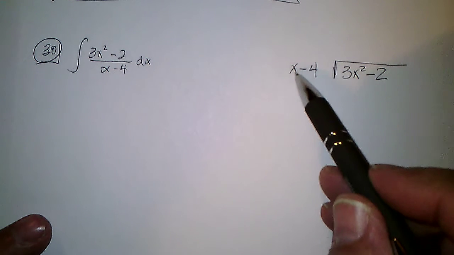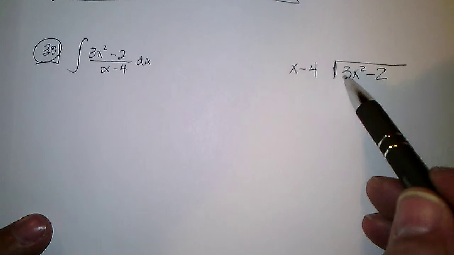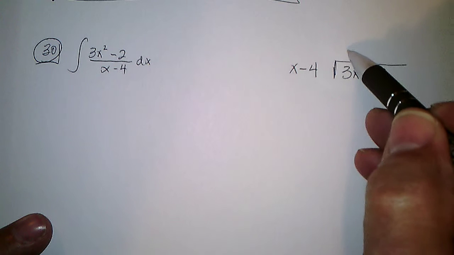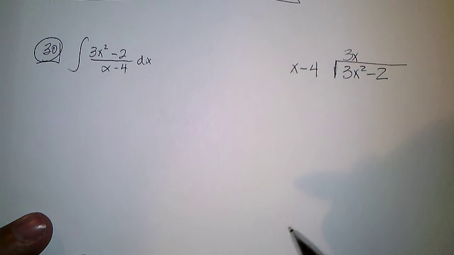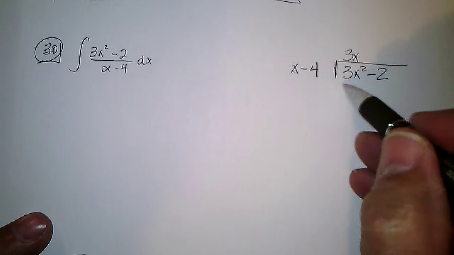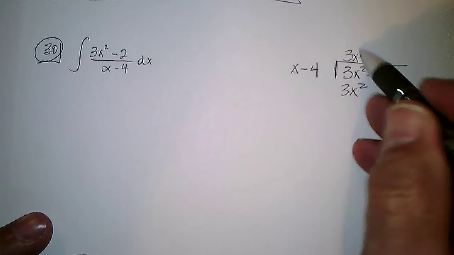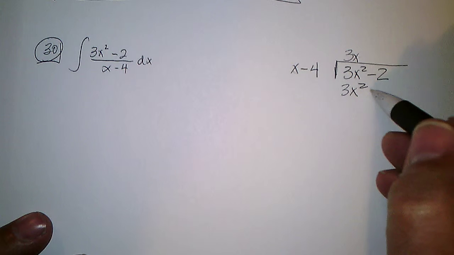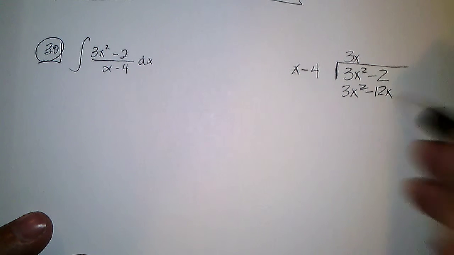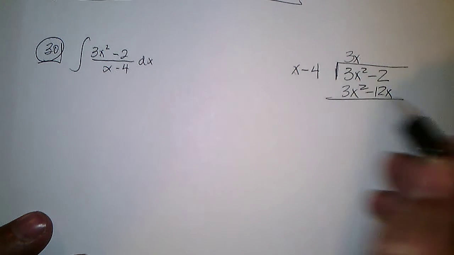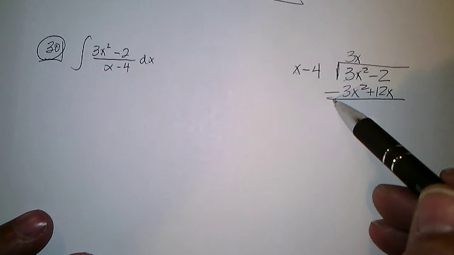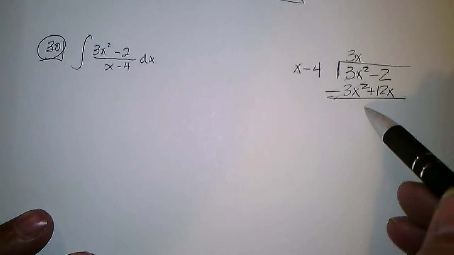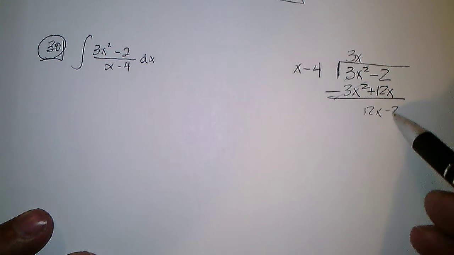So I start off by saying x times what makes 3x squared? Hopefully you say 3x times x is 3x squared. So I multiply that and I get the 3x squared. And I take the 3x times the minus 4 and get negative 12x. Draw the line and change the sign so I can add. These will cancel. And I'll get 12x minus 2.